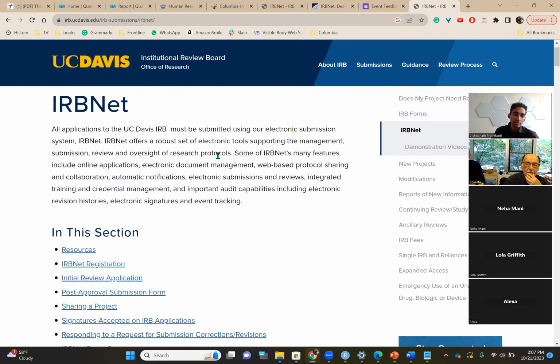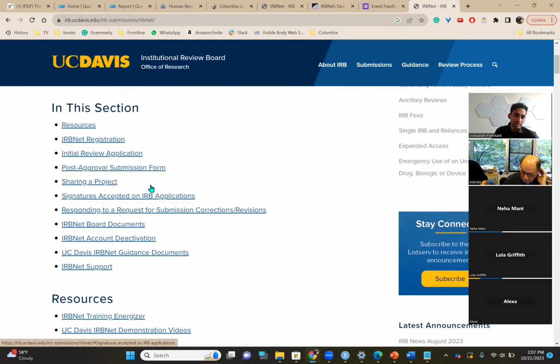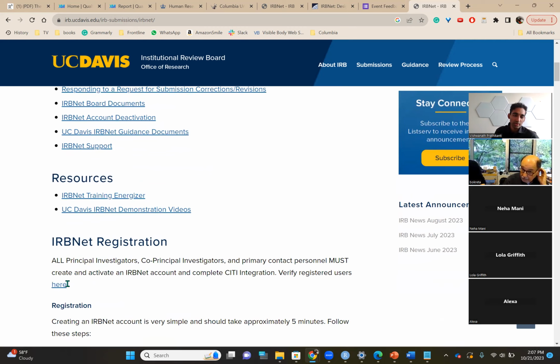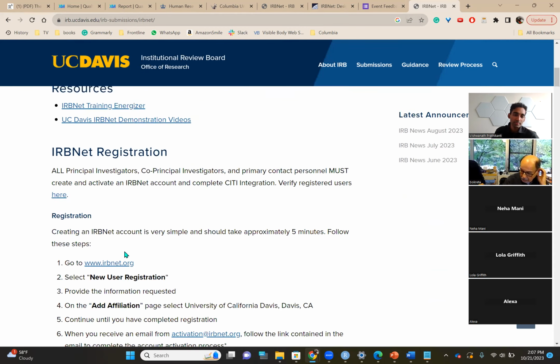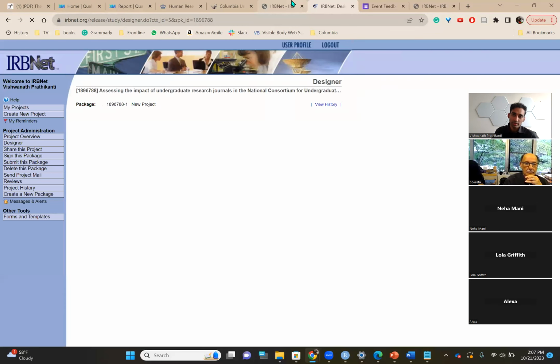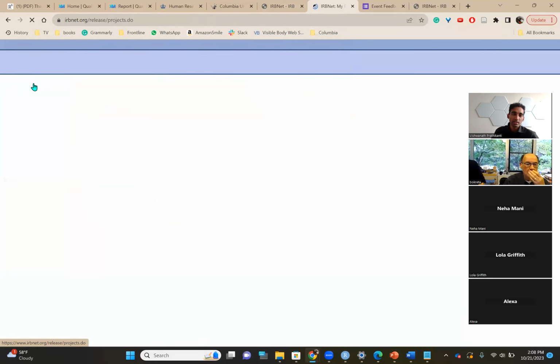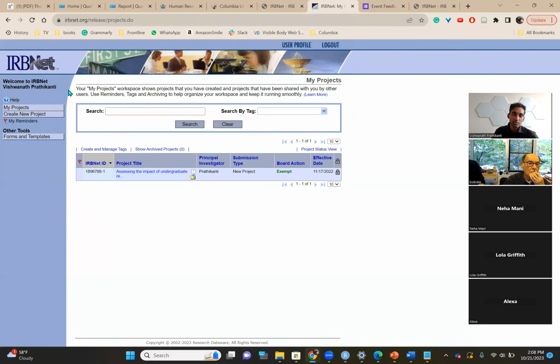I already have it open, but all you want to do is go to IRB.net's link, which is somewhere here. This website will tell you how to register. It's very easy. I am already registered with IRB.net because for my undergrad I did this project at UC Davis, but this is what your site might look like.